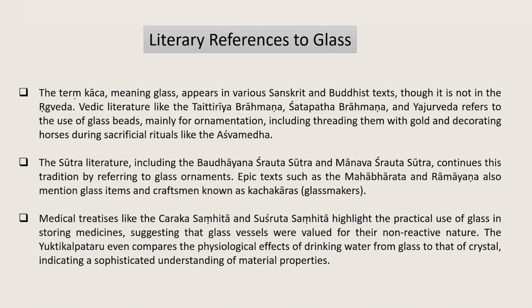The term kaach, meaning glass, appears in various Sanskrit and Buddhist texts, though it is not in the Rig Veda. Vedic literature like the Taittiriya Brahmana, Shatapatha Brahmana and Yajurveda refers to the use of glass beads mainly for ornamentation, including threading them with gold and decorating horses during sacrificial rituals like the Ashwamedha.